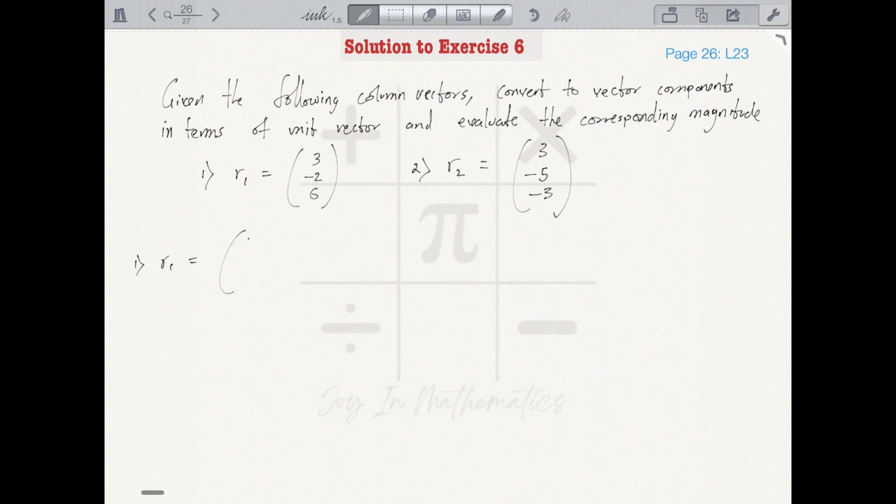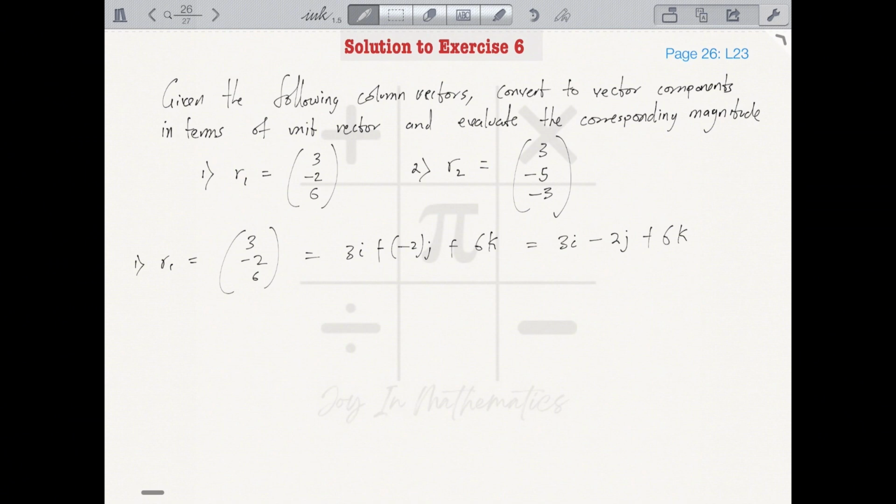r1 is equal to (3, -2, 6). Now to convert them in terms of unit vectors, we can simply say it is 3i plus -2j plus 6k, which equals 3i minus 2j plus 6k.